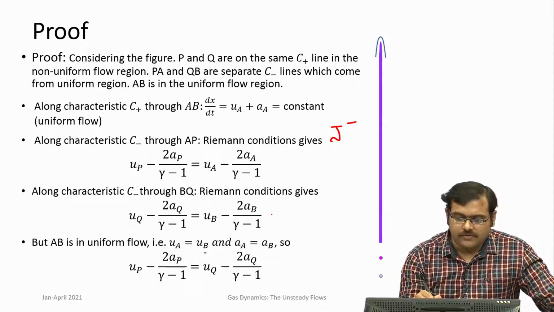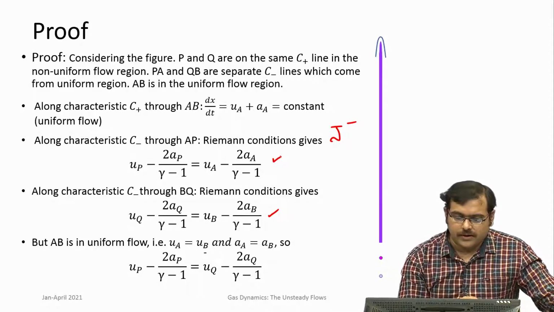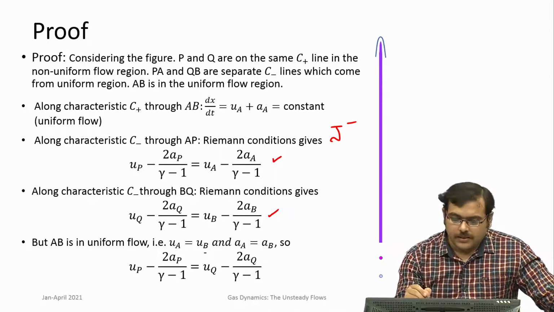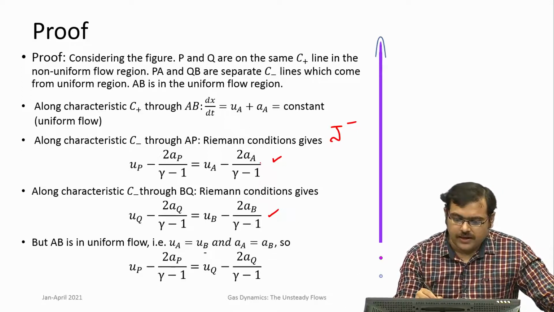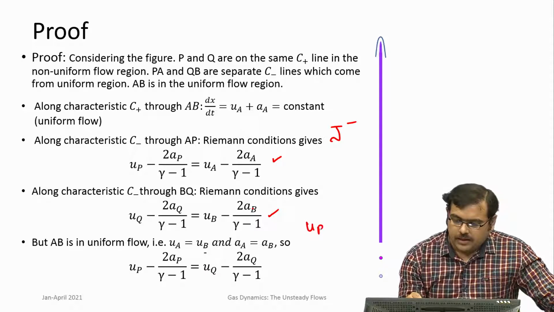Similarly you can write it for points q and b. So these 2 equations you can write, but since it is coming in from the uniform region, a and b, ua and ub, they are the same. As a consequence you can get that up equal to uq and ap equal to aq.